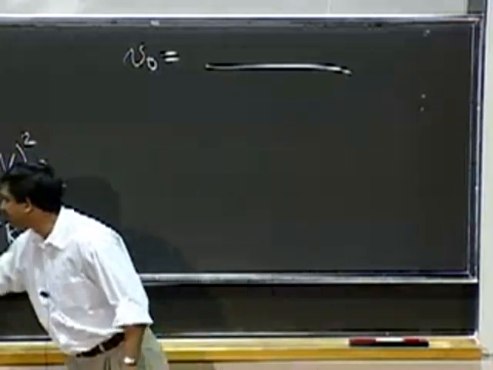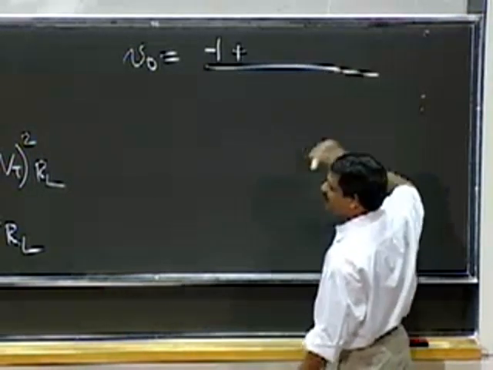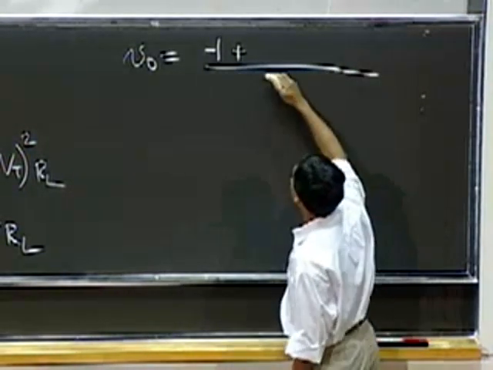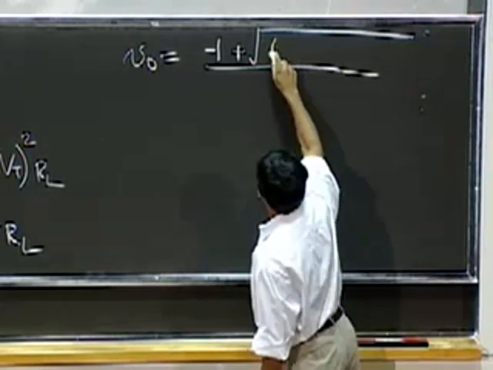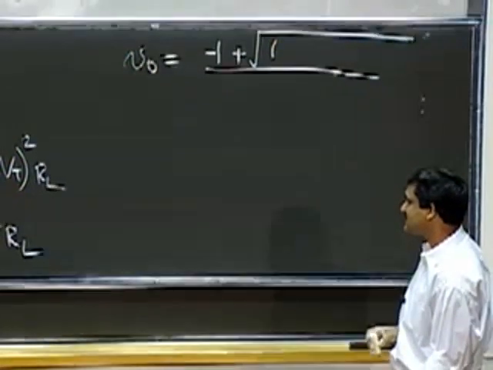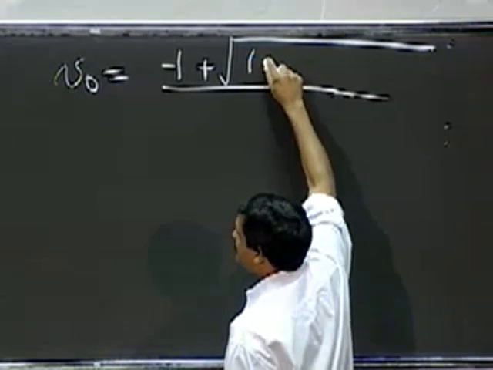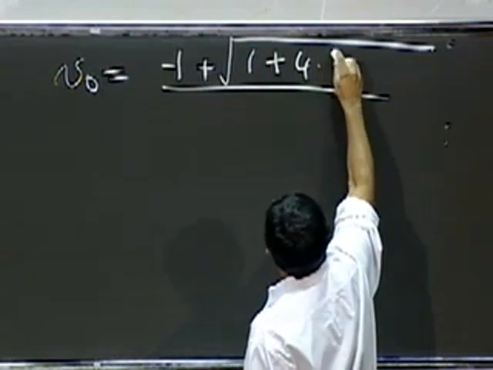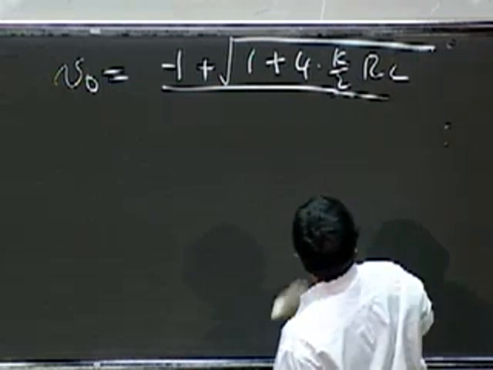So the coefficient of V naught, that's b, is 1. Take the positive root because we're up in the positive voltages here. The square root of b squared, that's 1, minus 4ac, so I get a plus 4 times k divided by 2 RL.